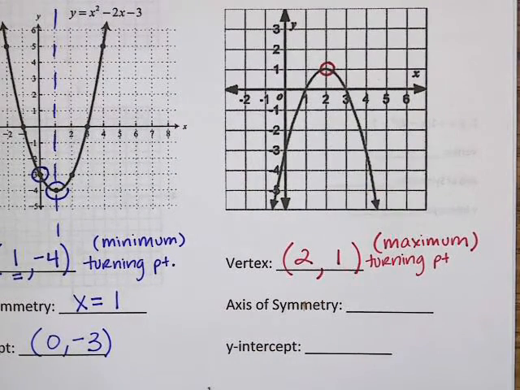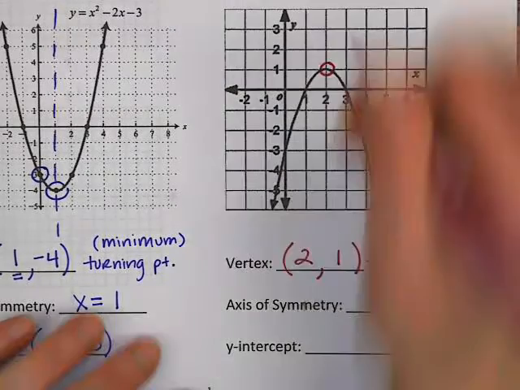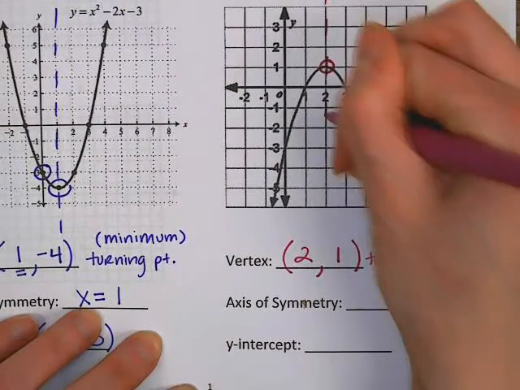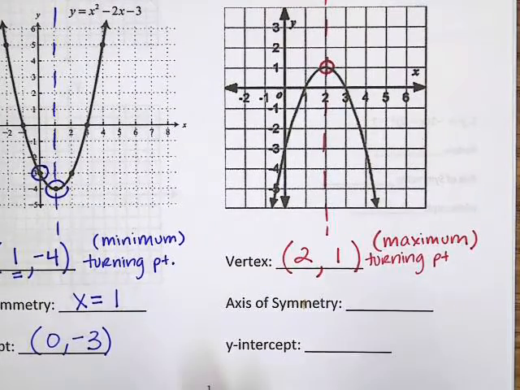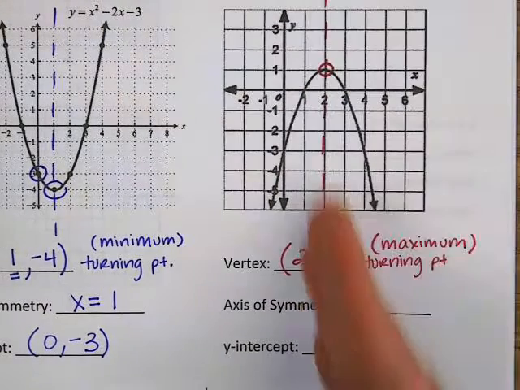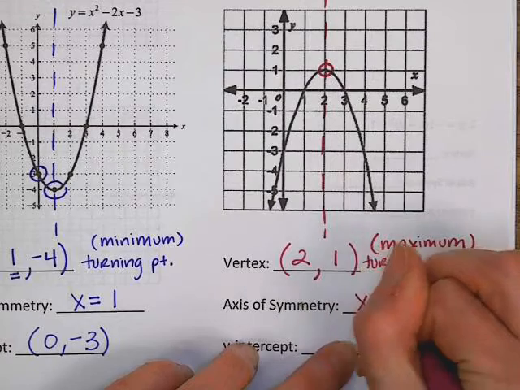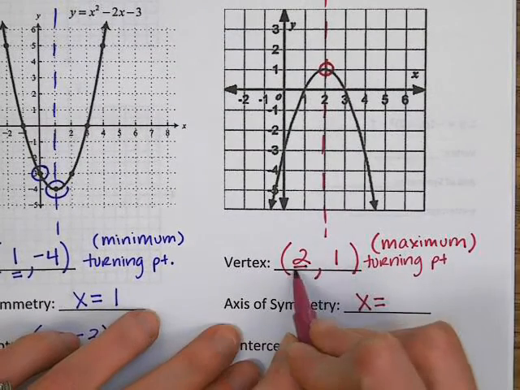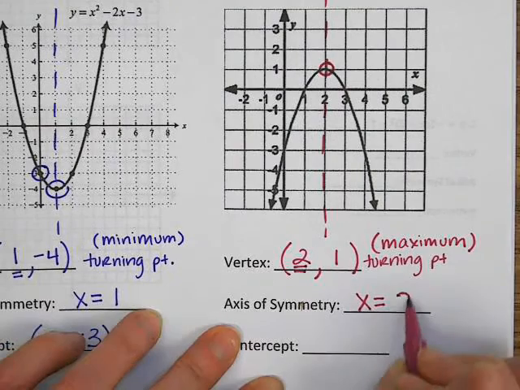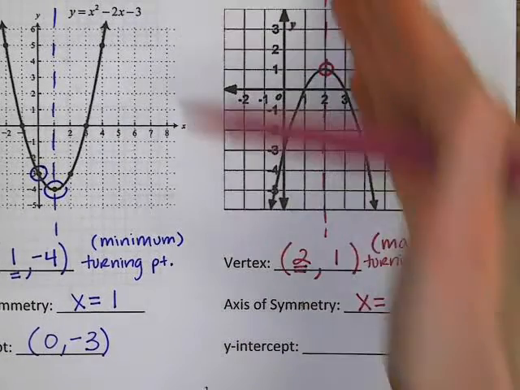Draw a line that cuts the parabola in half, right down the middle here. What's the equation of that line? Well, it's a vertical line, so x equals, and it's always going to go through the x value of the vertex. So x equals 2. That's the equation of that line.